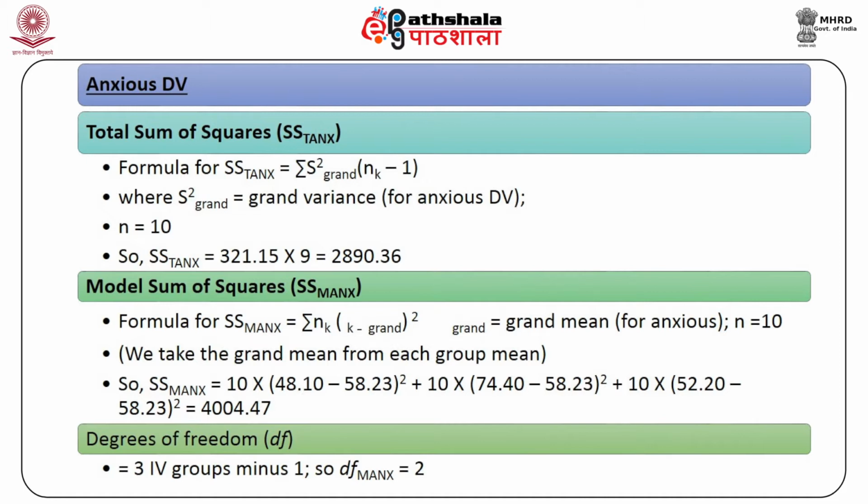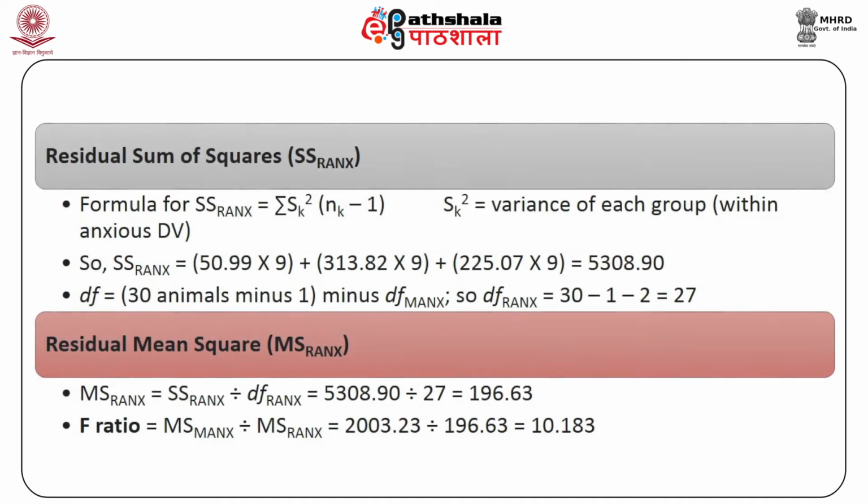The mean square for this turns out to be 4004.47 divided by 2, that comes out to be equal to 2002.23. The residual sum of squares turns out to be 5308.90 and the degree of freedom is 30 minus 1, because the sample size for the animals is 30, 10 for each kind of pet if you remember, and the degree of freedom turns out to be 27.